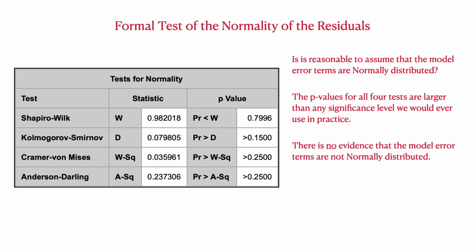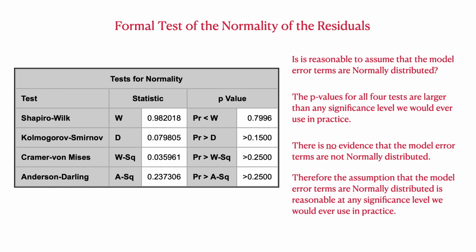And so there is really no evidence in this formal test that the model error terms are not normally distributed. Therefore, the assumption that the model error terms are normally distributed is reasonable at any significance level that we would ever use in practice.